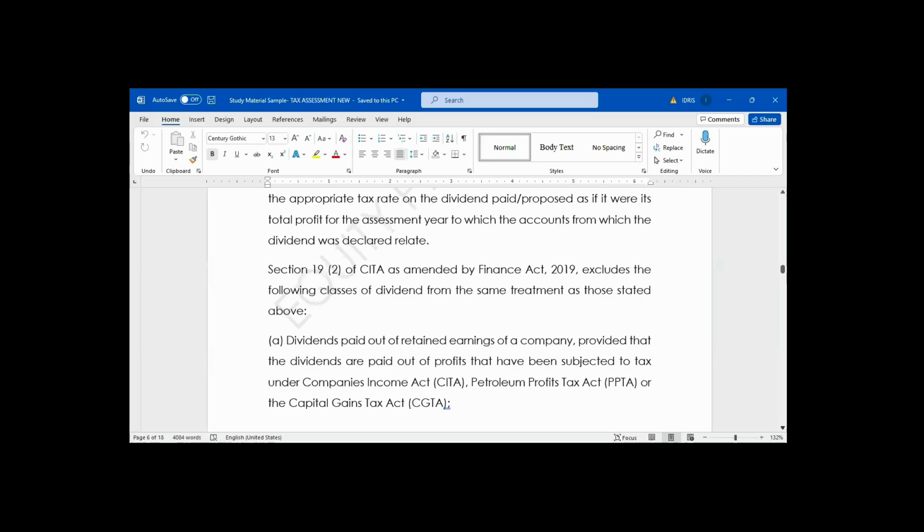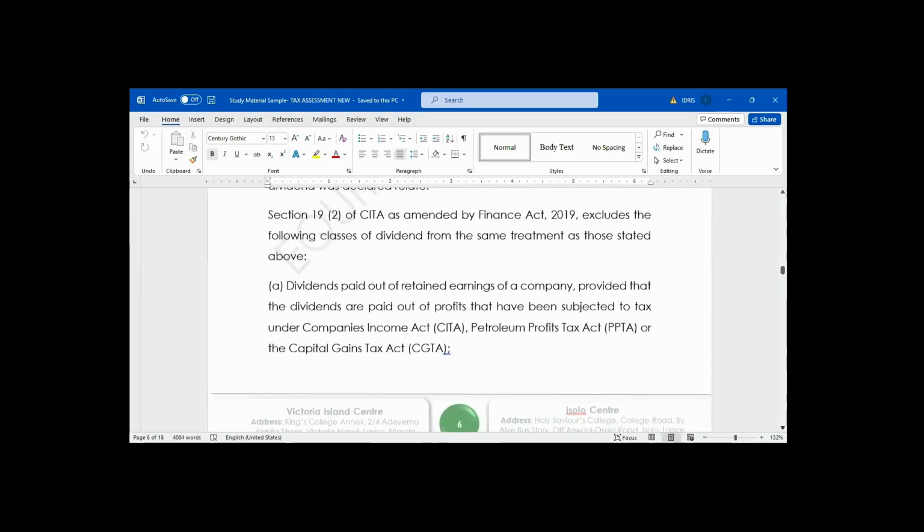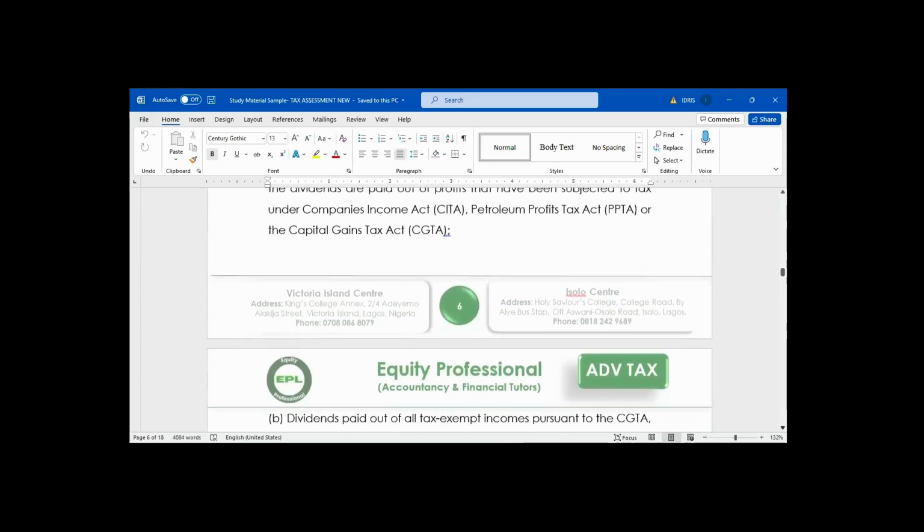They said if a company declares dividend from retained earnings, if you can provide evidence that the dividend you paid to your shareholder is from your retained earnings or from your reserve, such dividend will not be taxed based on company income tax.